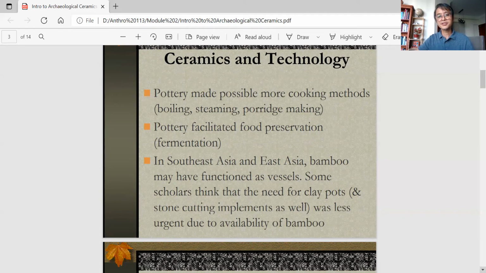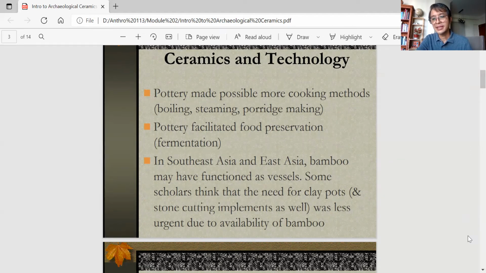Of course, in other parts of the world where there is no bamboo, they can also make use of hides, animal hide. So for example, this would be done by the pastoralists in Africa and Central Asia, for storing dairy products like milk, yogurt, or cheese, more fluid types of cheese. Okay, and also alcoholic products from milk.